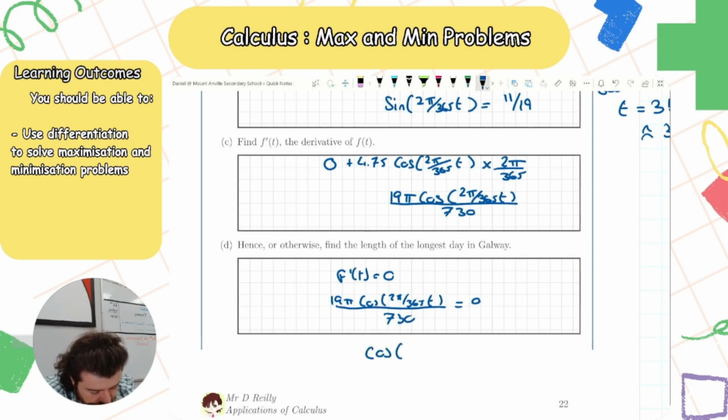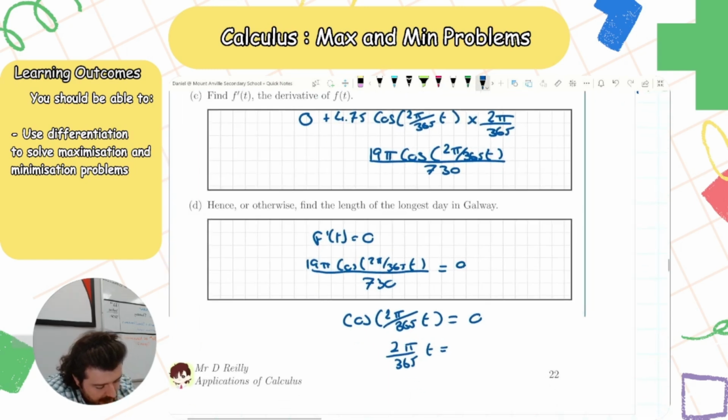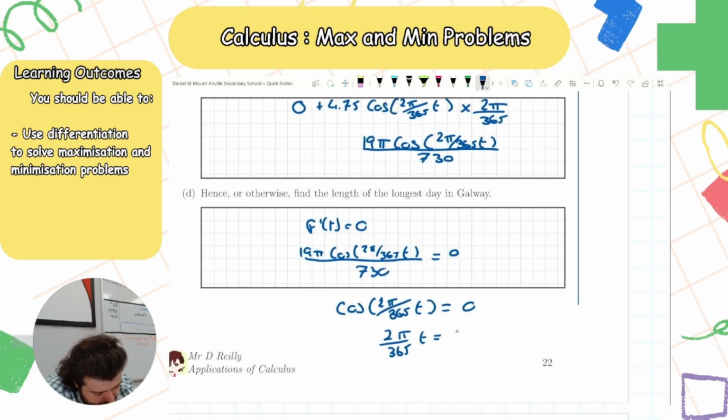I have cosine 2 pi over 365 t is equal to 0. 2 pi over 365 t is equal to cosine inverse of 0, and cosine inverse of 0 is equal to a half pi. So multiply by 365 divided by 2 pi.